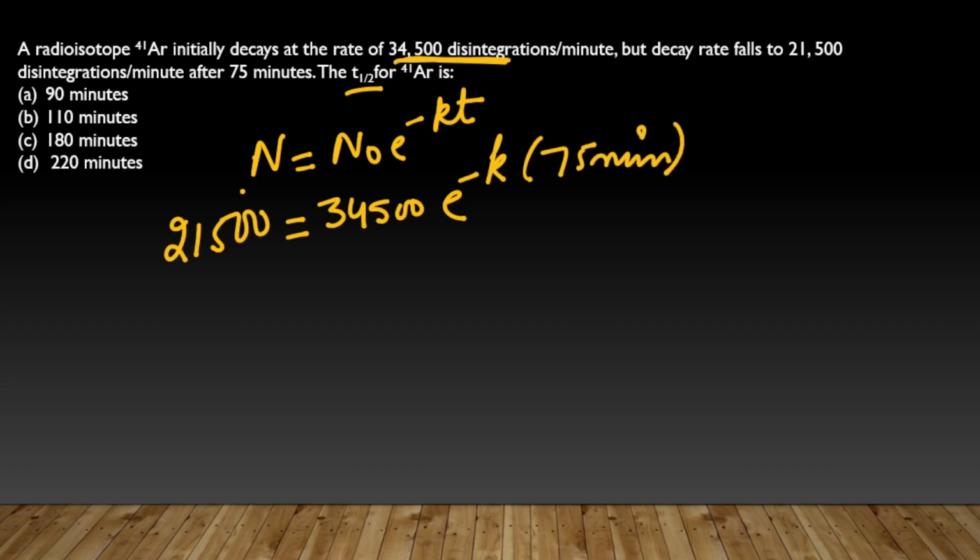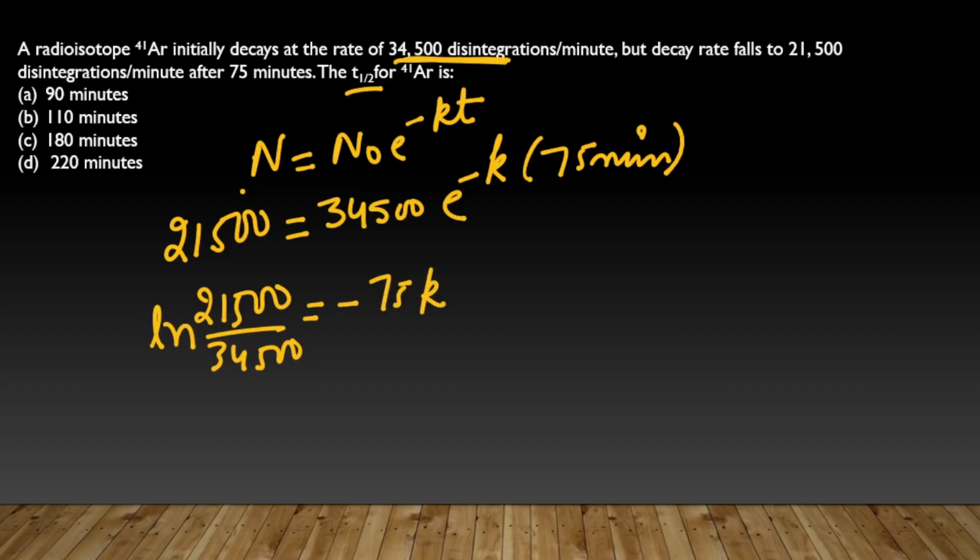So just solve this and find the value of k in this case. So it is natural log of 21500 upon 34500, which will be equal to minus 75 into k. So we will get the k value as 0.006309 in this case.